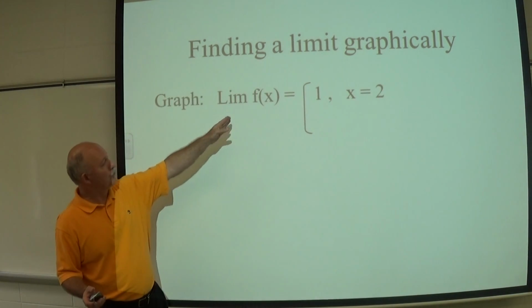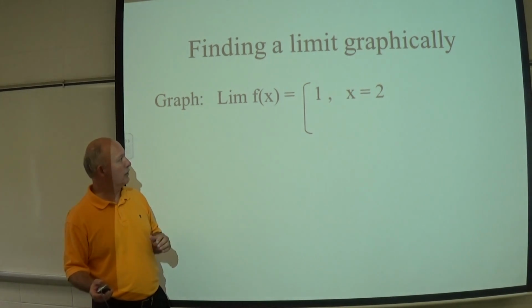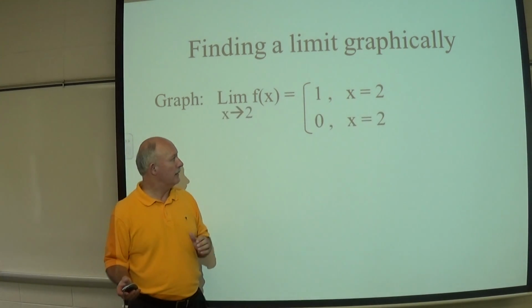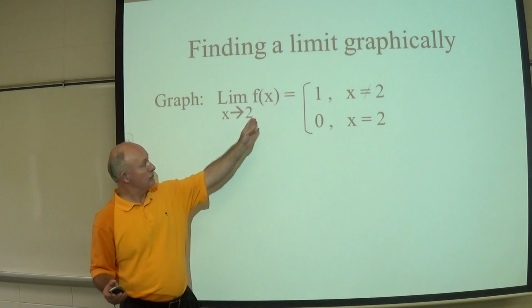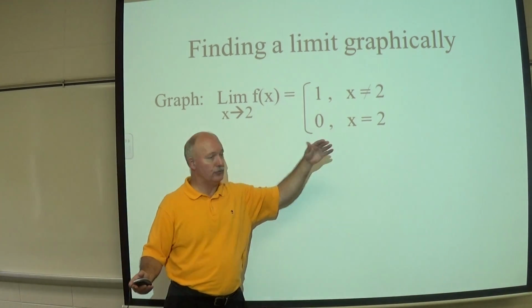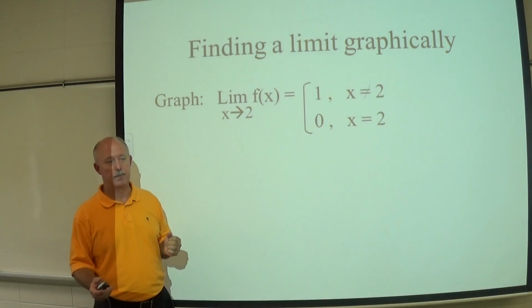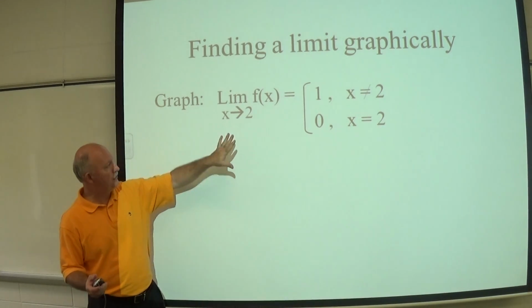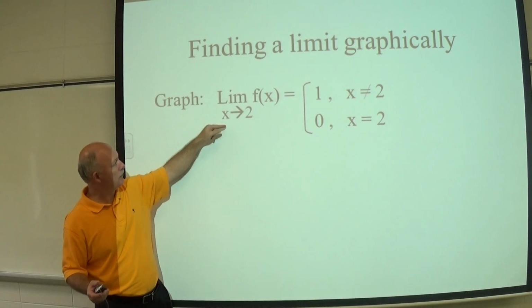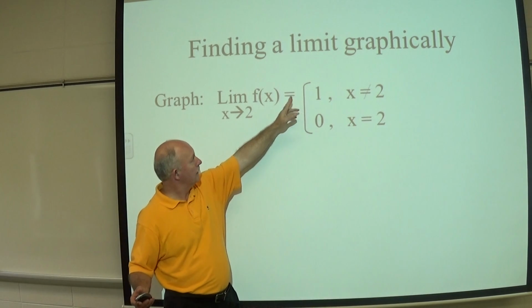It says f of x equals 1 for x not equal to 2, except at x equal to 2, where the graph drops down to 0. So with this function, I'm going to find the limit as x approaches 2 of f of x.